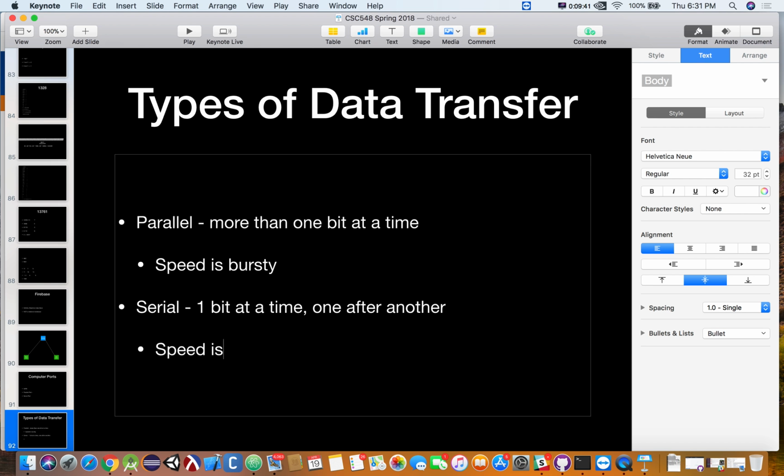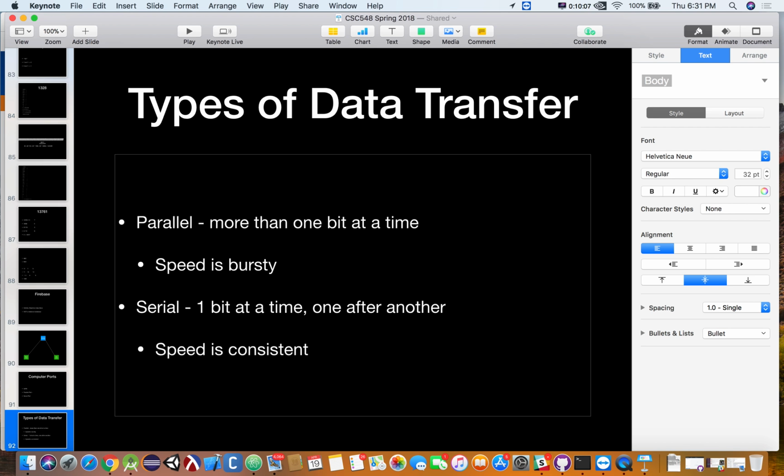Serial speed is considered consistent. Fixed is not actually accurate. There will be fluctuation, but it's significantly more consistent. You could rely upon it. And we'll talk about some different applications that use this as well. Okay, so that's the idea of parallel versus serial.